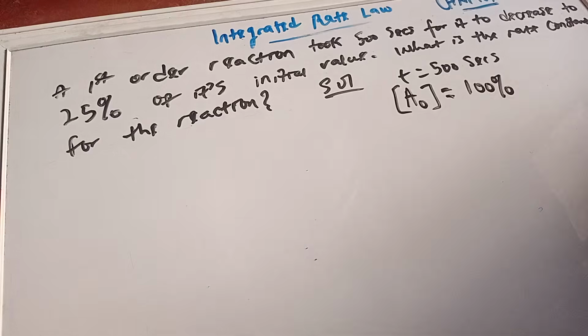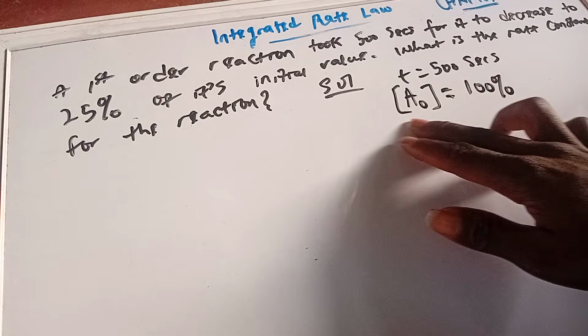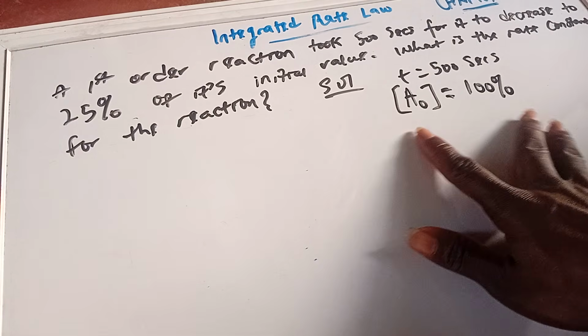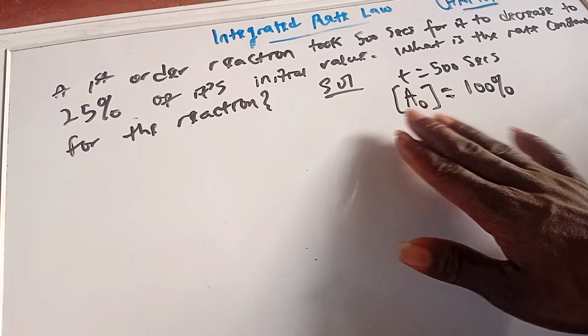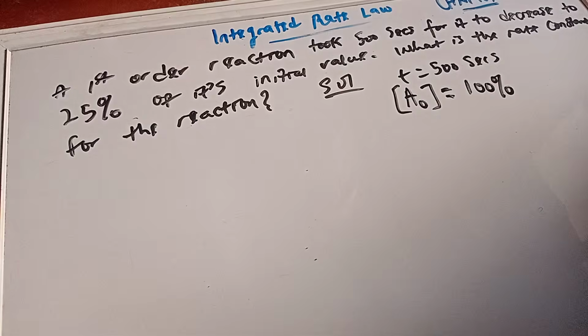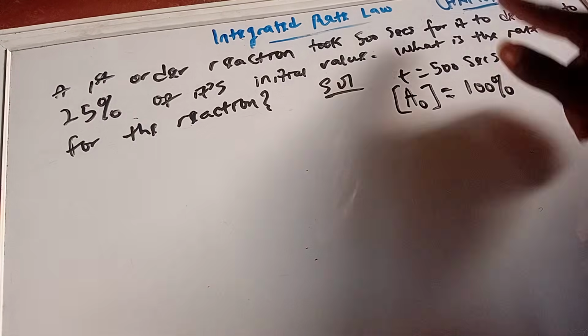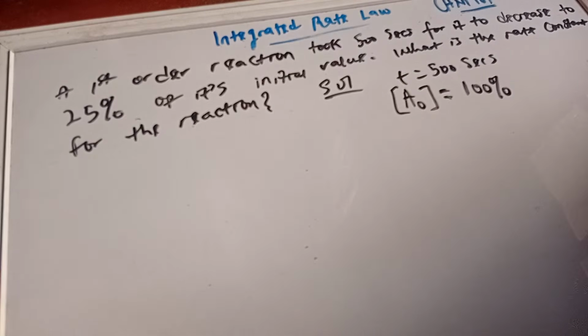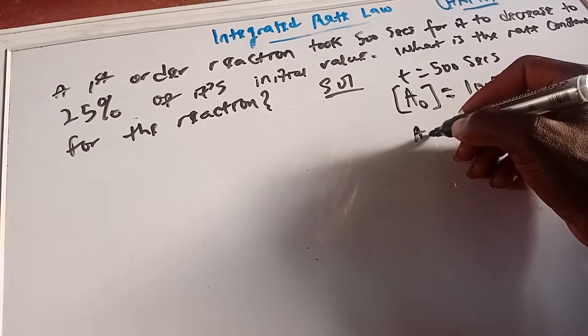So this is the initial concentration, like nothing has happened, no decomposition yet. This is the initial concentration, 100%. The first order reaction took 500 seconds for it to decrease to 25% of its initial value. Now that means A at a particular time t.